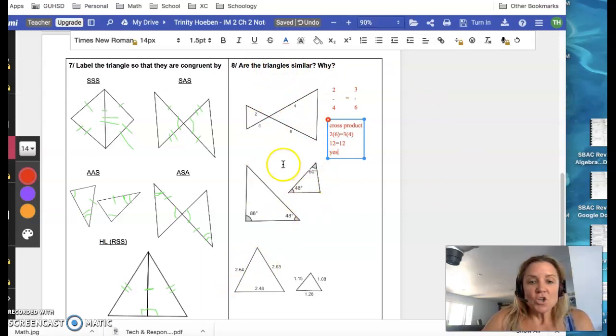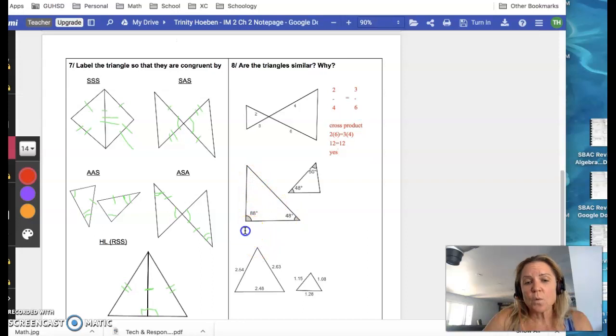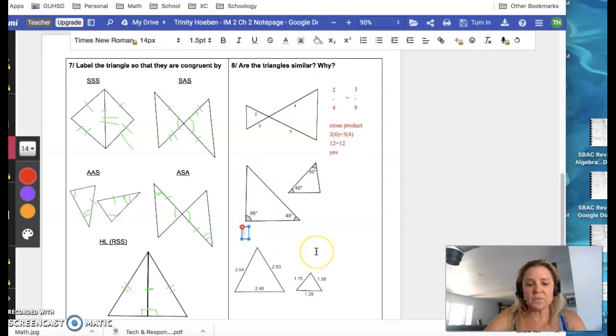All right, so for the next set of triangles, I've got some angle measurements inside of each triangle. The triangle on the left, I've got an 88, a 48, and then this one isn't labeled. Well, we know by the Triangle Sum Theorem that if we start with 180 and subtract the two angles that we know, we can figure out what the third angle is going to be.